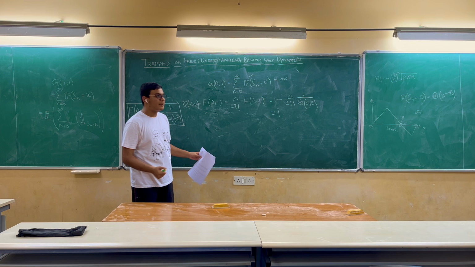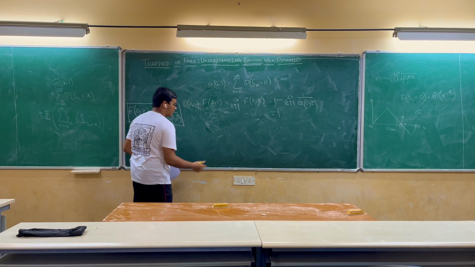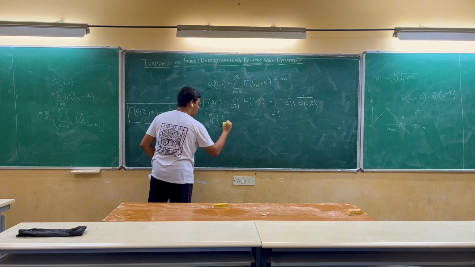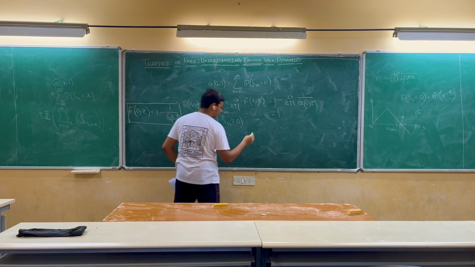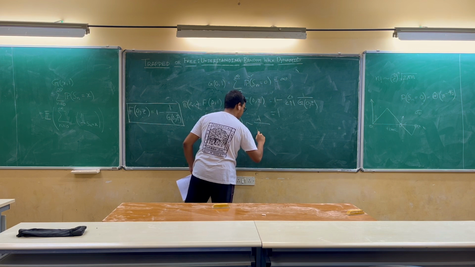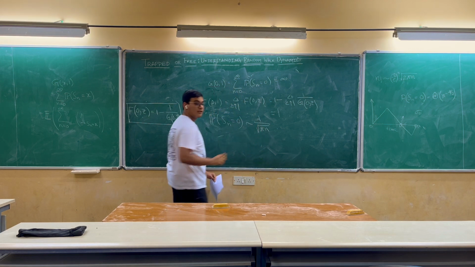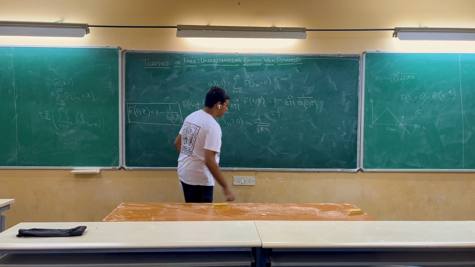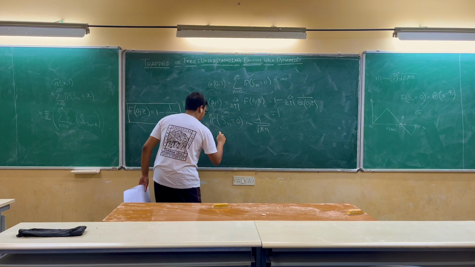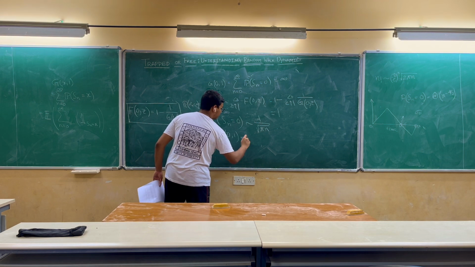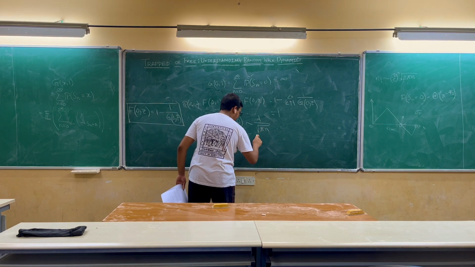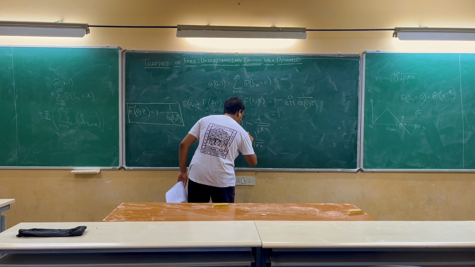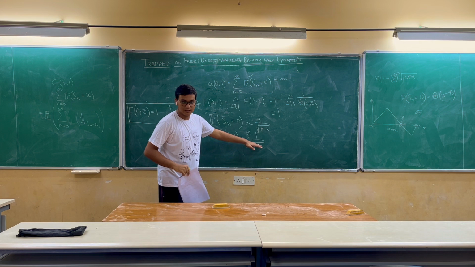So in the one-dimensional case, we have already seen that the probability of S sub n equal to 0 is almost equal to 1 by square root of pi n. So let's take the sum on both sides and evaluate g of 0, 1 for one dimension, and we know that this sum diverges.